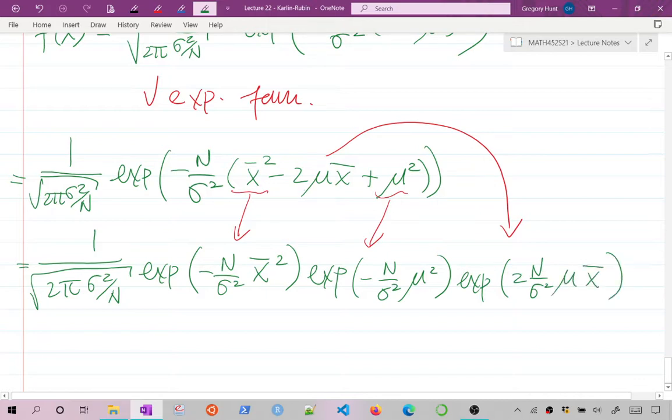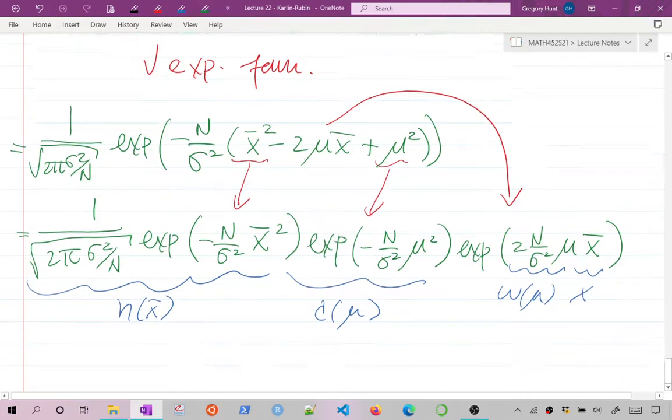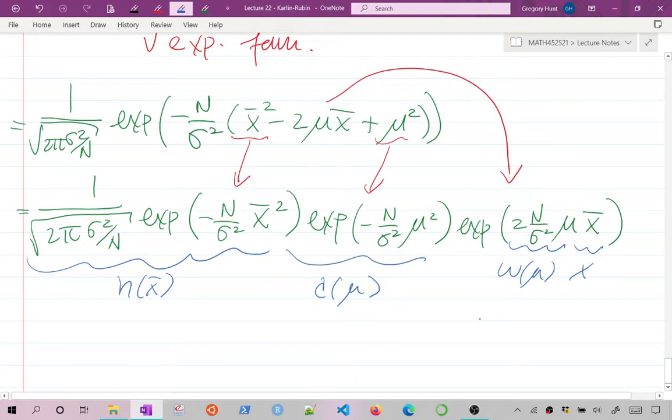Okay, so let's identify our parts. We call this thing h of x bar, this thing c of mu, this thing here w of mu, and this thing is basically x, right? And so what do we get? w of mu is 2n over sigma squared times mu, which is increasing in mu.